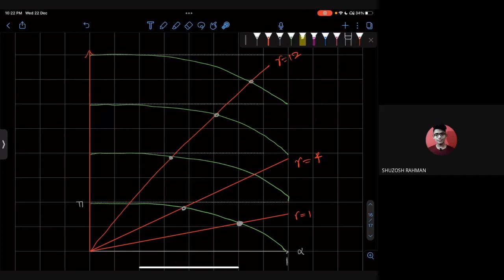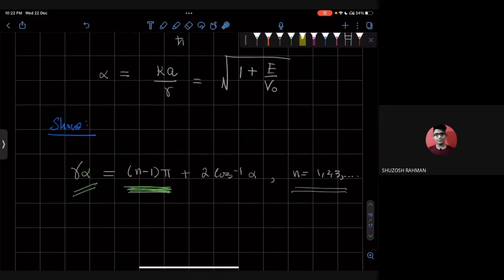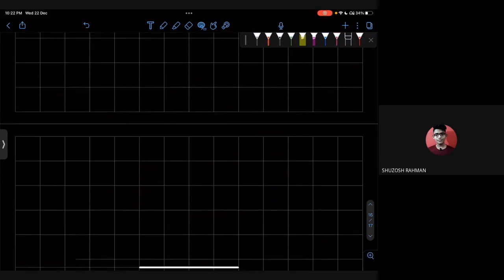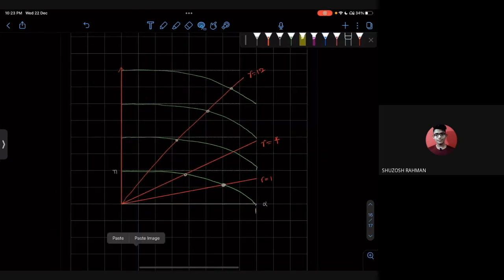So what do the solutions represent, the intersections? You're solving this equation. Let me just copy that equation. You're solving a transcendental equation, right?